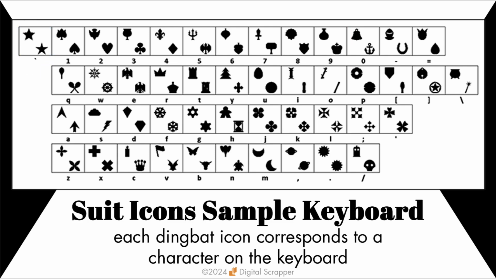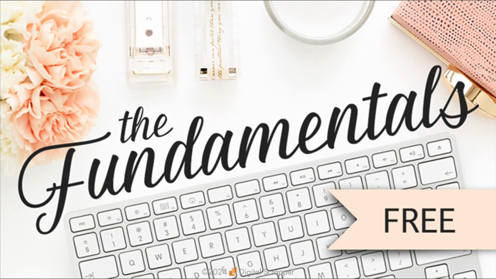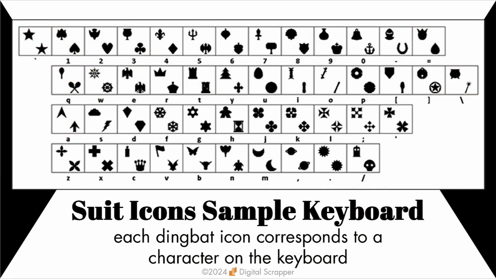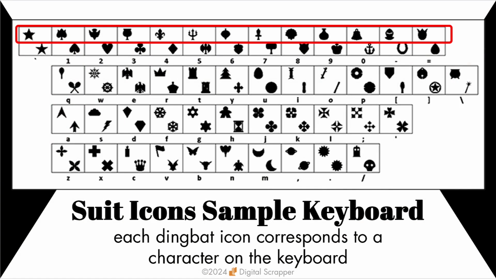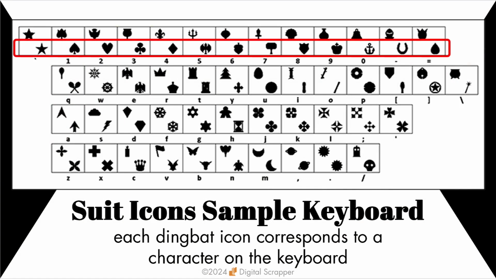It's important to note that sample keyboards on the web do not often show all characters in a dingbat font. For greater ease in accessing all characters of a font, watch the character map tutorial in our free fundamentals class. Back on the sample keyboard, use the Shift key to access icons on the top of each row. For the icons along the bottom of each row, simply use the character key only.